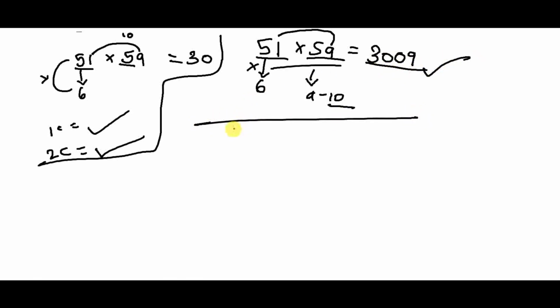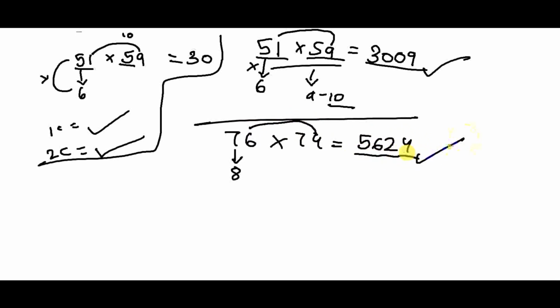Next, 76 into 74. The digit which comes after 7 is 8, and 7 into 8 is 56. And now 6 multiplied by 4 is 24, which adds up to 5624.